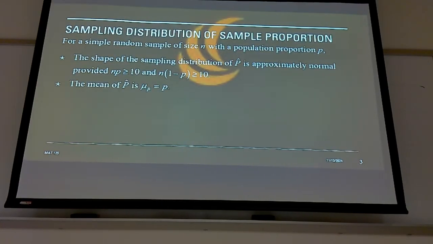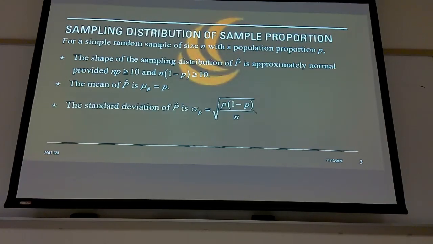The mean is given by just p. The standard deviation is the square root of p times 1 minus p over n. And if you need the z-score, it's p hat minus the mean, all over the standard deviation.